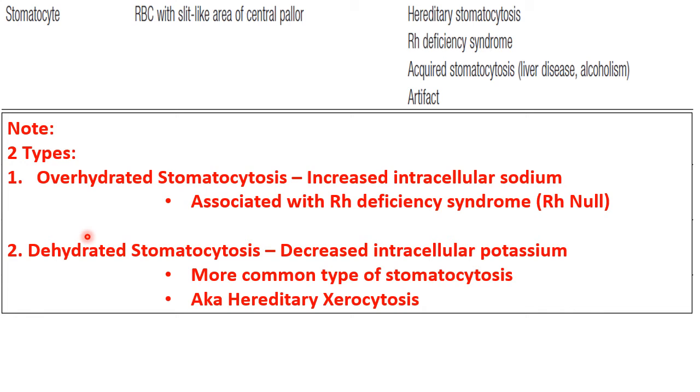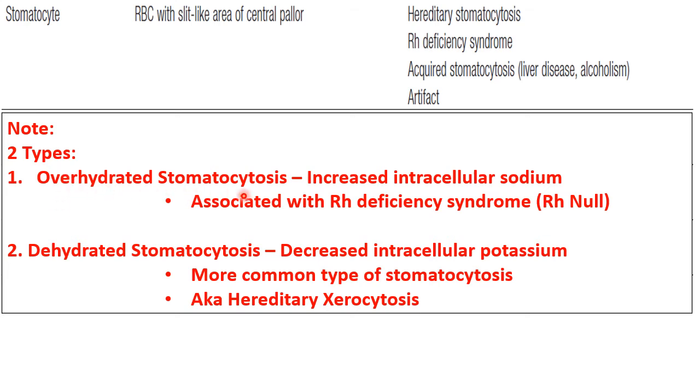Stomatocytes naman tayo. There are actually two types. No? Meron tayong overhydrated and dehydrated. Depende yan sa defect. Overhydrated stomatocytosis has increased intracellular sodium. Pag madaming sodium sa loob ng RBC, sumasabay yung tubig kasabay ng sodium. So, papasok lahat ng tubig sa loob din ng RBC causing overhydration.